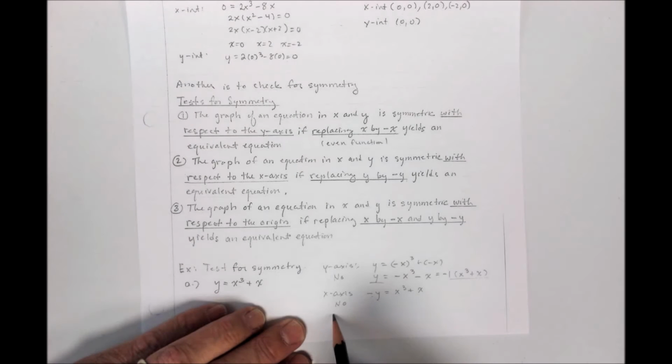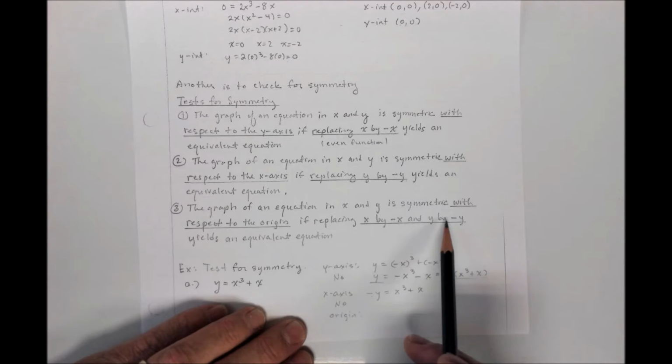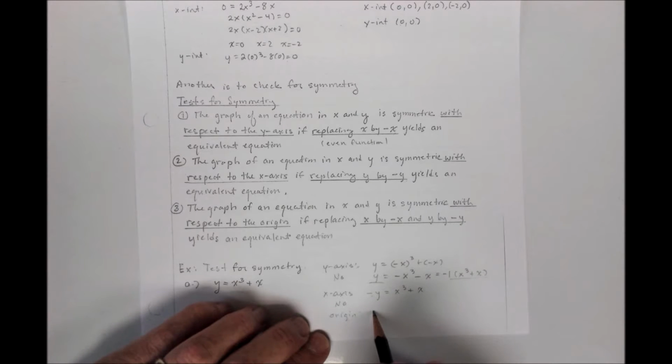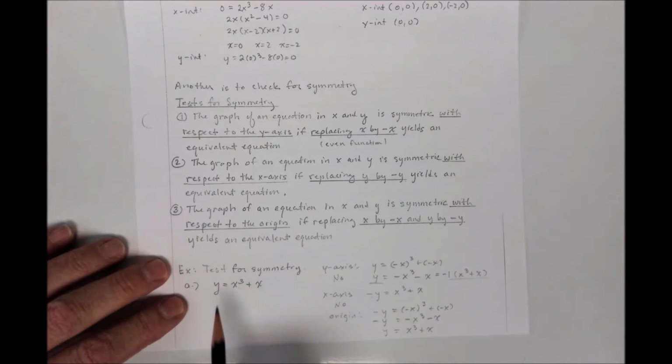Now, the origin, different matter. Because in the origin, I'm going to plug the opposite of x in for x and the opposite of y in for y, and I get the opposite of y equals the opposite of x to the third power plus the opposite of x. So I have the opposite of y equals, I did this before, the opposite of x to the third minus x, and then I multiply both sides by -1, and son of a gun, I get right back to that original equation.